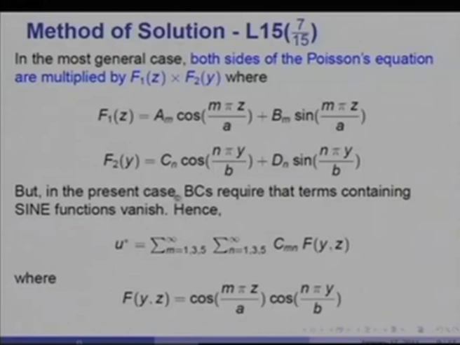Therefore, our equation would be u star equal to the sum of Cmn f(y,z), m equal to 1, 3, 5 to infinity, n equal to 1, 3, 5 to infinity, where f(y,z) is the product of the cosines, and Cmn is really am into Cn, as you can see. So, we need to determine the constant Cmn, so that we can get the value of u star. This is the double Fourier series. You must remember what the function is: f(y,z) is cos(m pi z by a) multiplied by cos(n pi y by b).